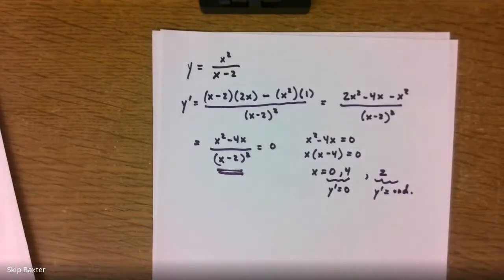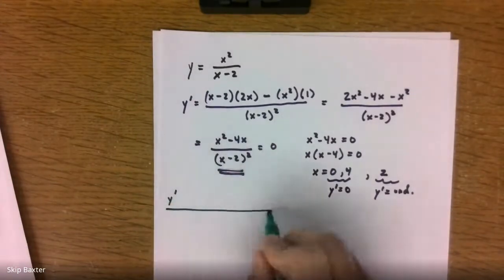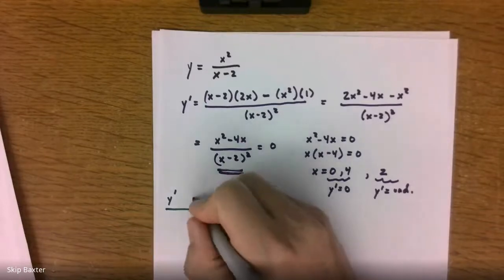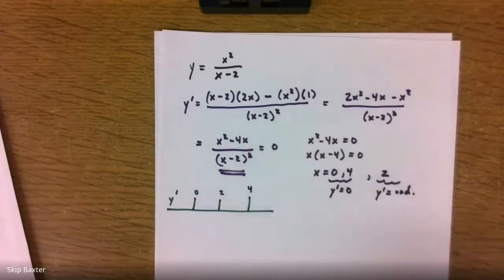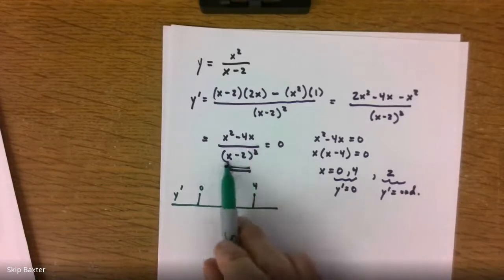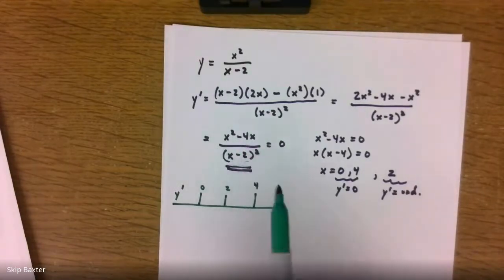So my first derivative chart would look like this. I have y prime broken up at 0, 2, and 4. And again, I just want to determine whether it's positive or negative. So the denominator I could just ignore, right? This is y prime right here. The denominator I could just ignore because it's something squared.